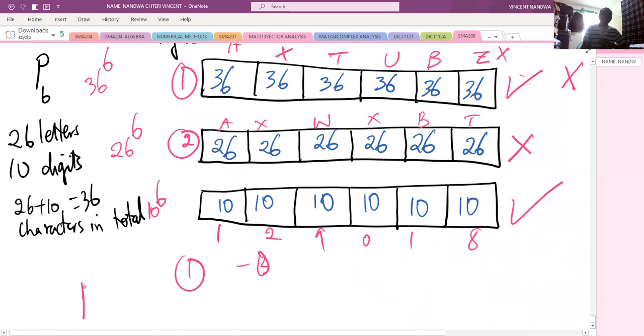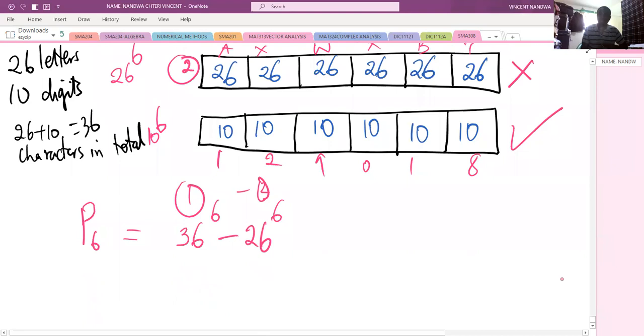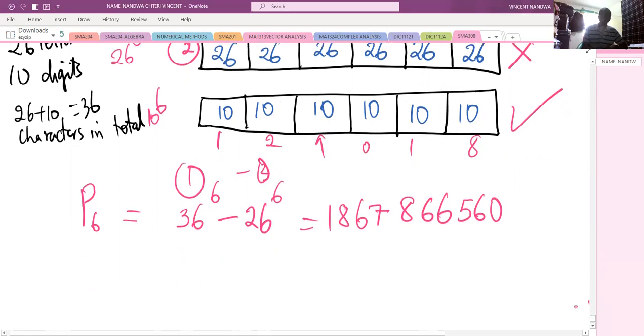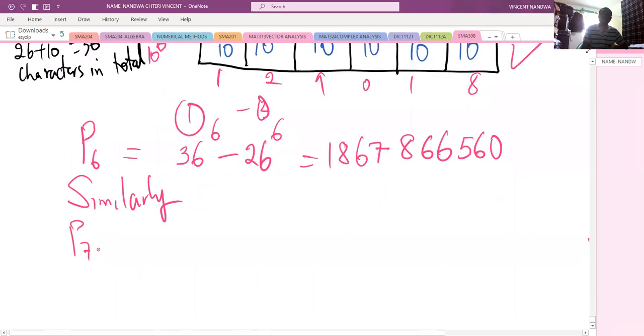So therefore, for P6, the total number will be 36 raised to power 6 minus 26 raised to power 6. And when you work out this one, you get 1,867,866,560. Similarly, in the same reasoning, P7 will have 36 power 7 minus 26 power 7.